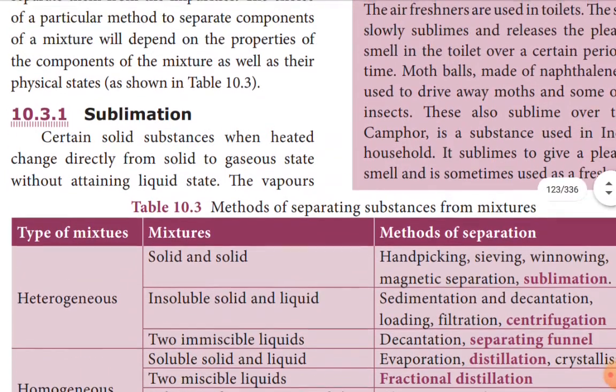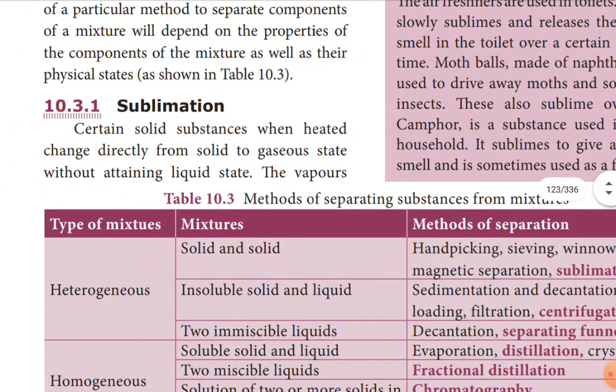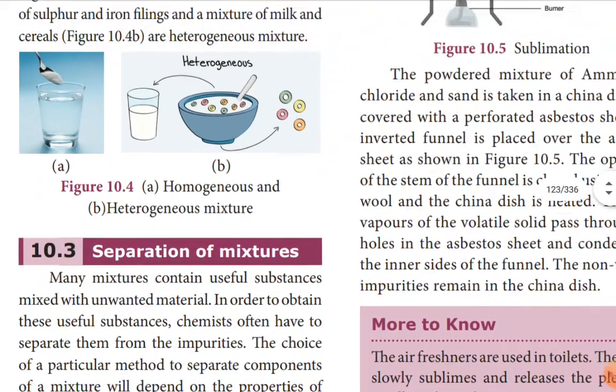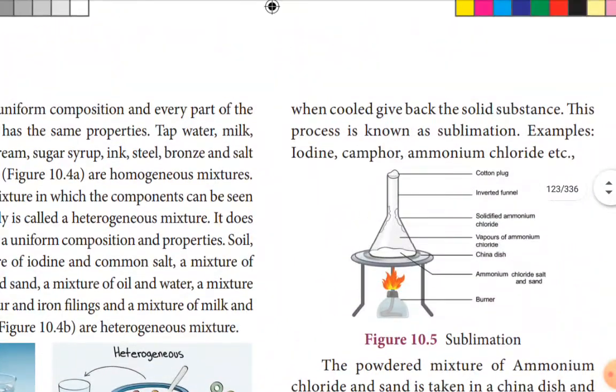10.3.1 Sublimation. It is clearly given that certain solid substances when heated change directly from solid to gas without attaining the liquid state. These vapors, when cooled, give back the solid substance. This process is known as sublimation.